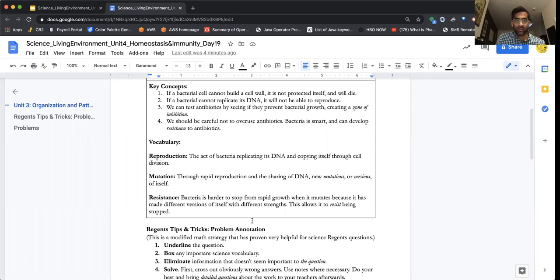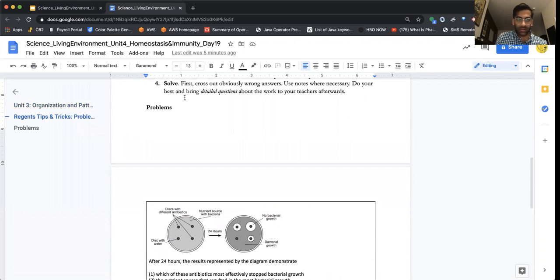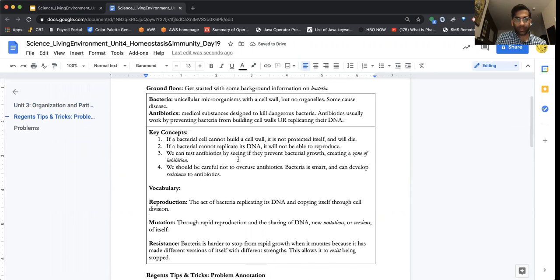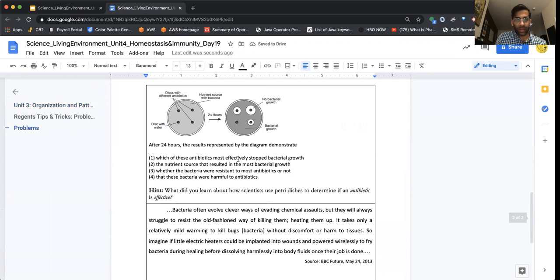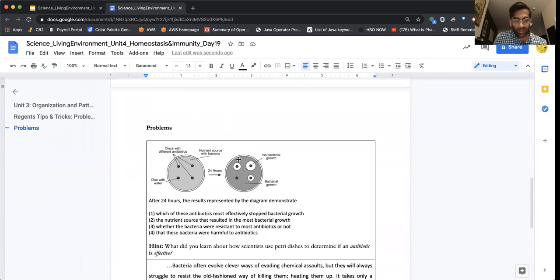So all of this goes into understanding how to tackle these Regents problems. I'm going to move this a little bit just so that it is together with the rest of it. And so down here, I give a hint for each of your problems. The first one is a typical Regents problem where we see petri dishes with bacteria growing. We already discussed that concept, just to remind you, and I don't think I used the vocabulary word, but zone of inhibition is what they call the ring that forms where bacteria grows until it stops growing.